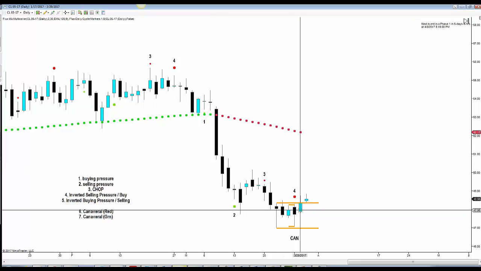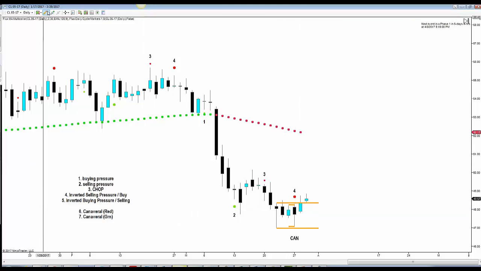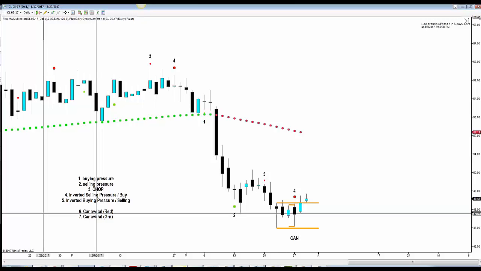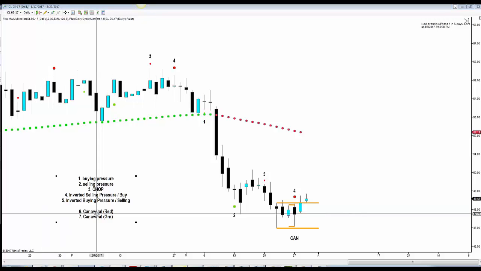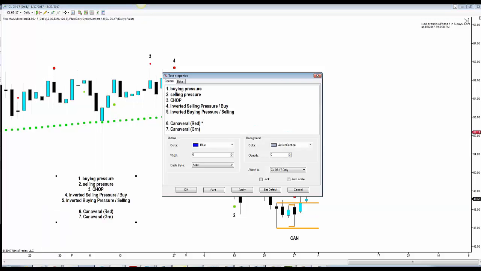A Canaveral pattern is a variation of a 4 or a 5, and currently a Canaveral pattern red is a variation of a pattern 4.